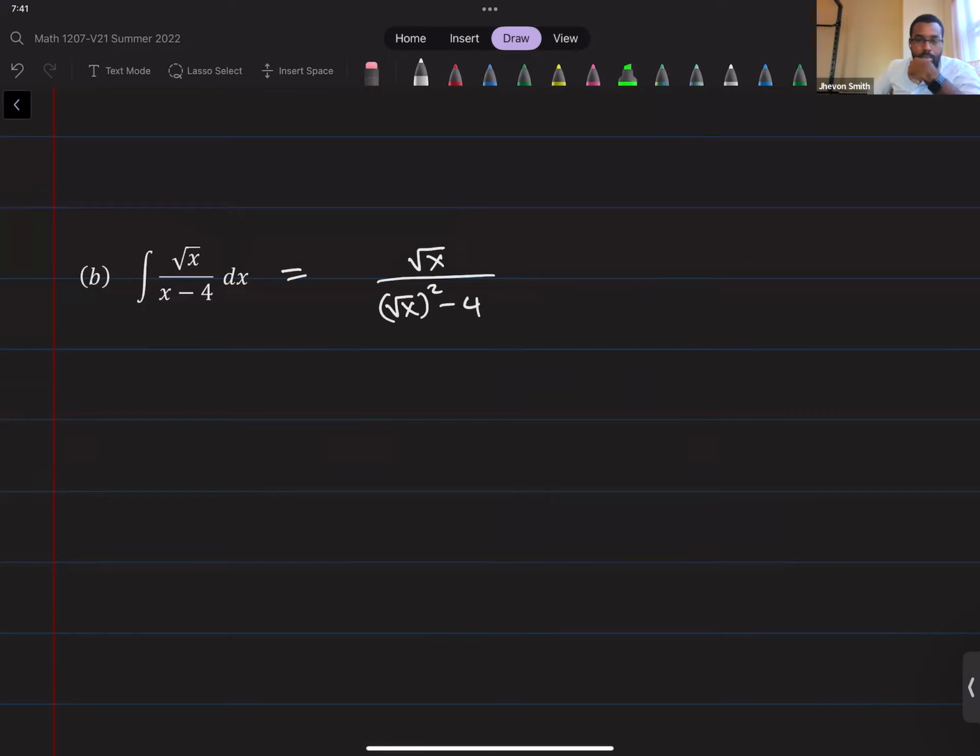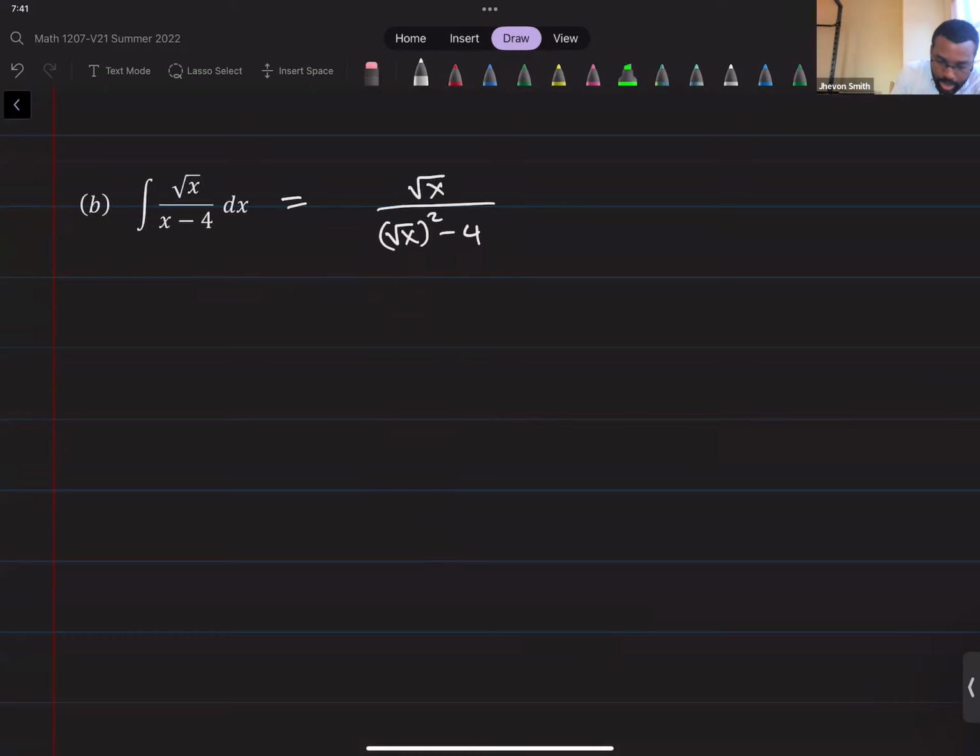In other words, if I just replace the rad x with a single non-radicalized variable, that makes it look more like a polynomial. So probably starting this off with a substitution would be nice.